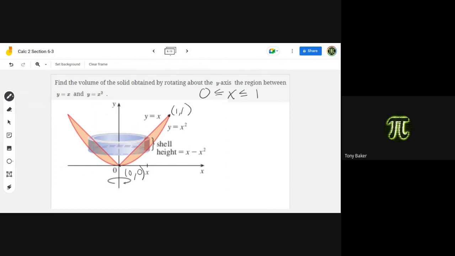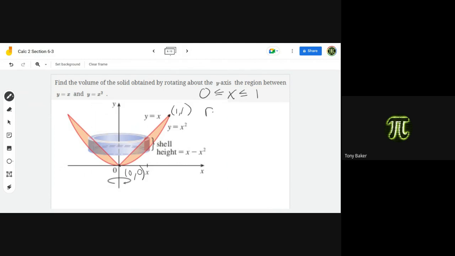So our height here is the area between the two. In our washer method, the radius would have been that subtraction. In this case, it's the height.